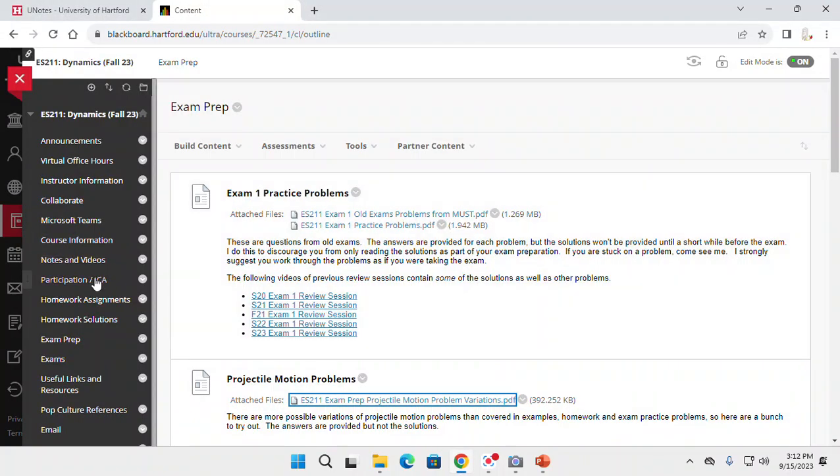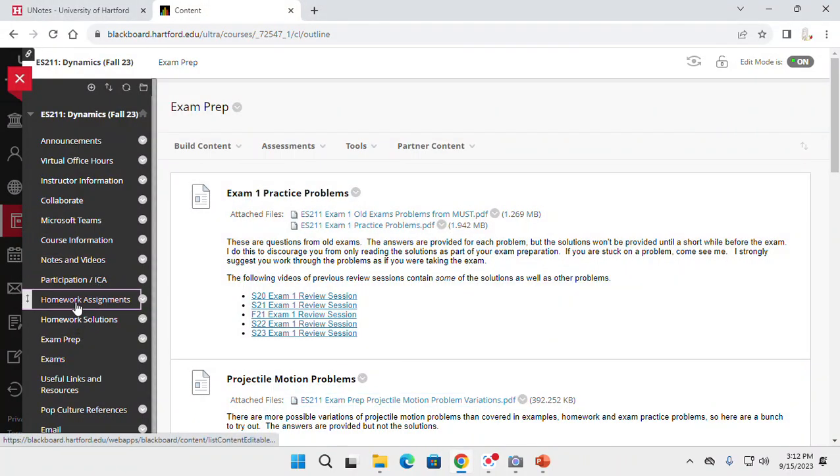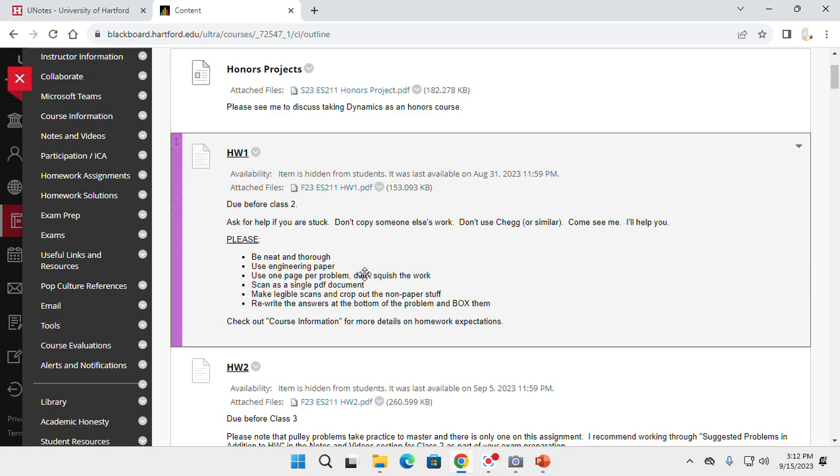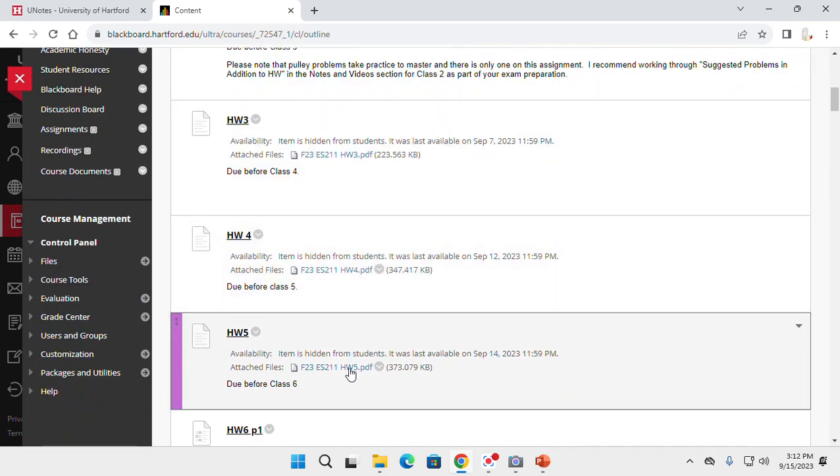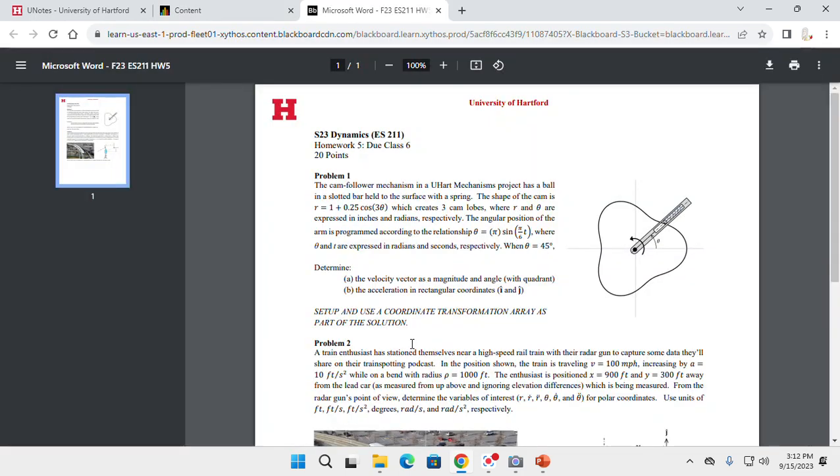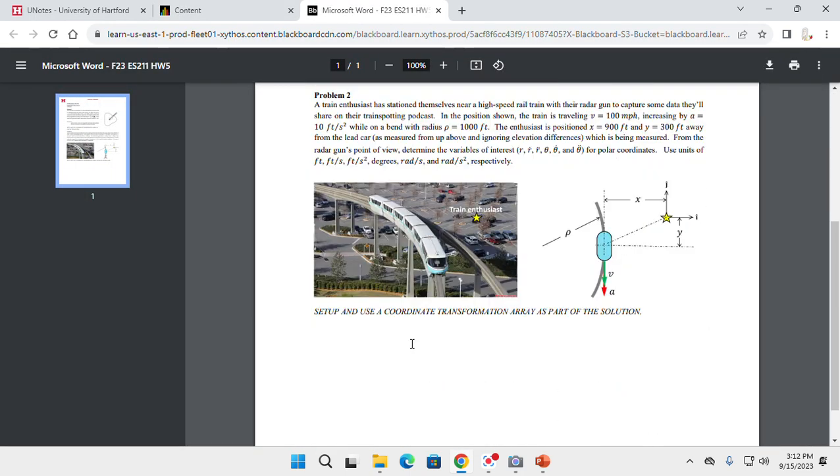I had a question about the second question on homework 5. Okay. Why did you use the angle of the train to the source and not the angle of the source to the train?